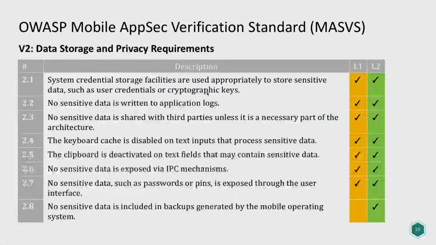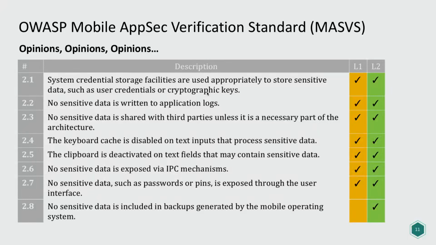The first one is: system credential storage facilities are used appropriately to store sensitive data such as user credentials or cryptographic keys. What does it mean? Use the keychain on iOS, use the keystore on Android. There's simply no excuse to not encrypt sensitive data on your mobile phone, because you already have all the encryption APIs available. So it's very easy for you.